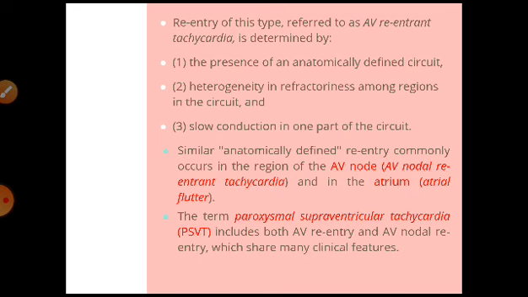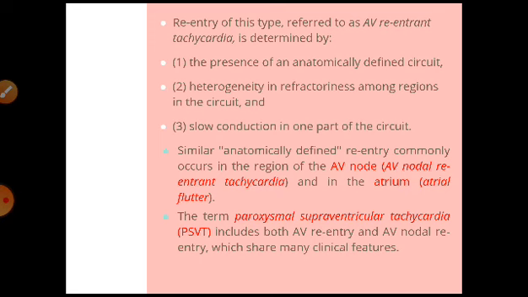So re-entry of this type, referred to as AV re-entrant tachycardia, is determined by three main points. One, the presence of an anatomically defined circuit. Second, heterogeneity in refractoriness among regions of the circuit, meaning they have different electrophysiological properties. Third, slow conduction in one part of the circuit.